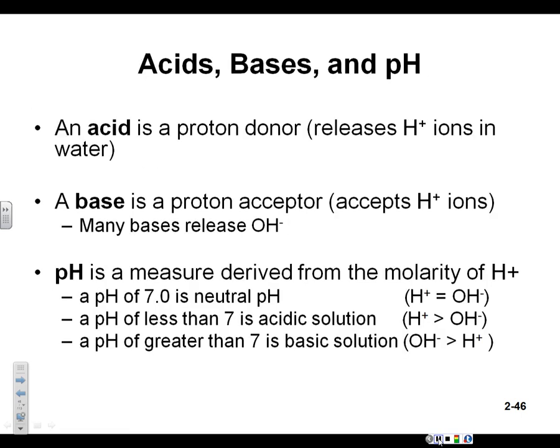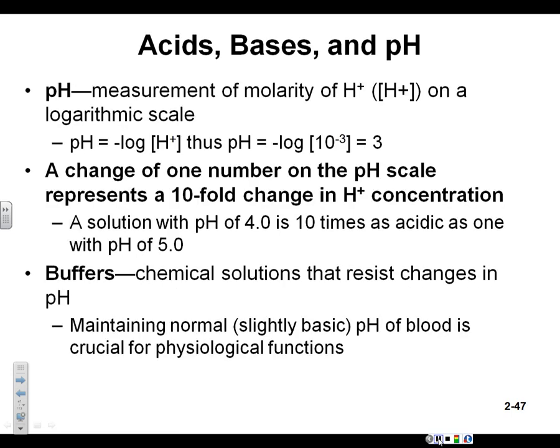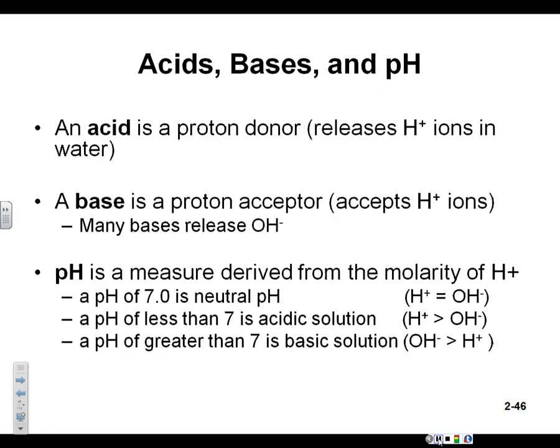How many people remember acid and base? How many people remember pH? pH goes from what? So anything below what? Anything above 7 is what? Anything at 7 is what?